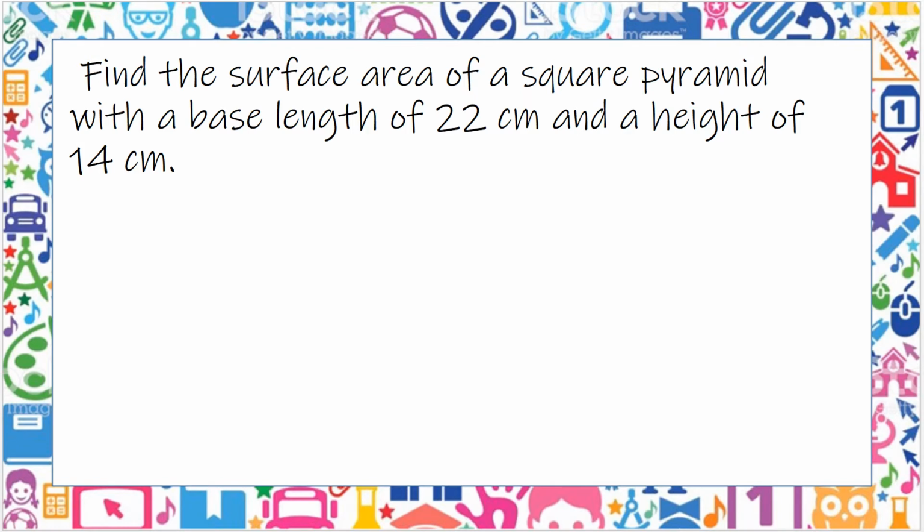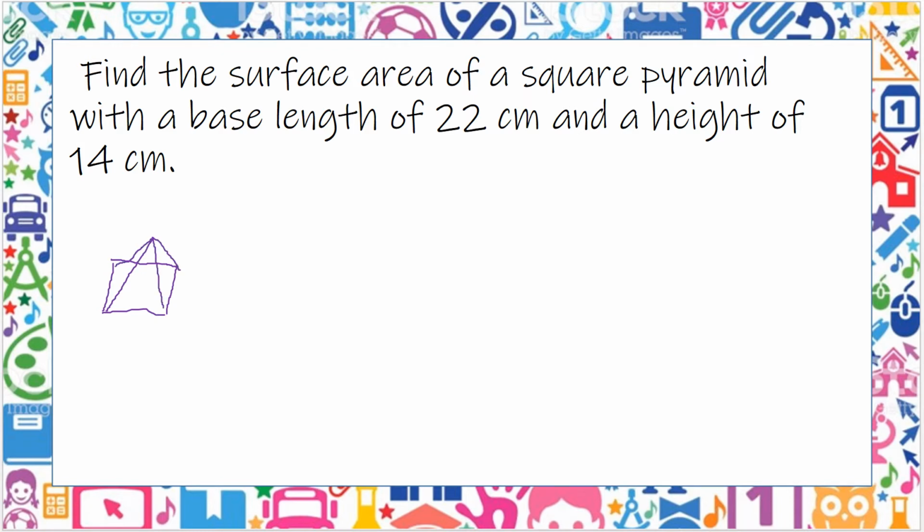Find the surface area of a square pyramid with a base length of 22 centimeters and a height of 14 centimeters. So you're looking at a pyramid. I know that you guys so love my drawings.